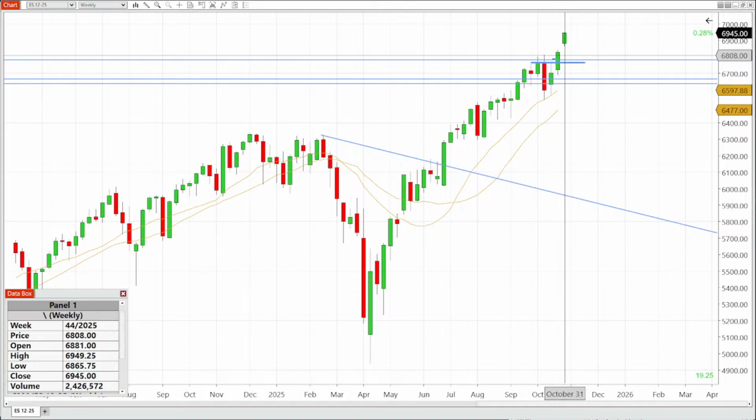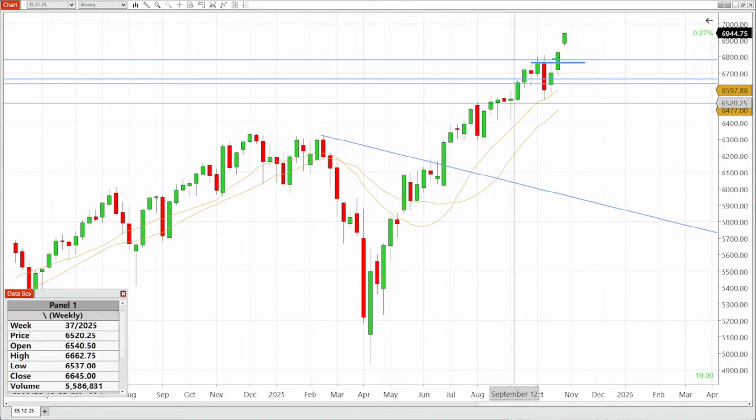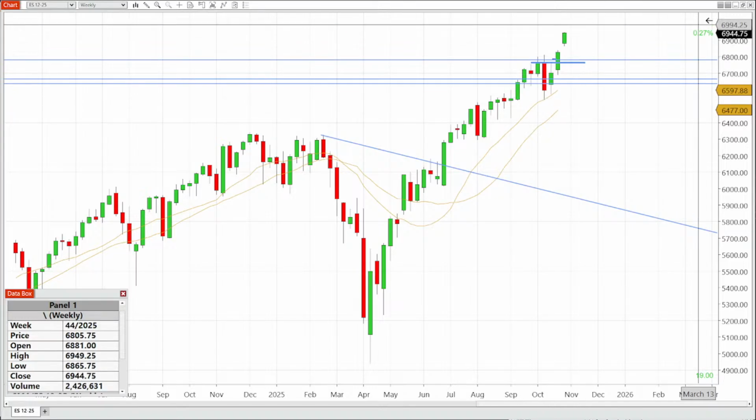We haven't looked back. So we're on the way up, about 100 points from last week's high.